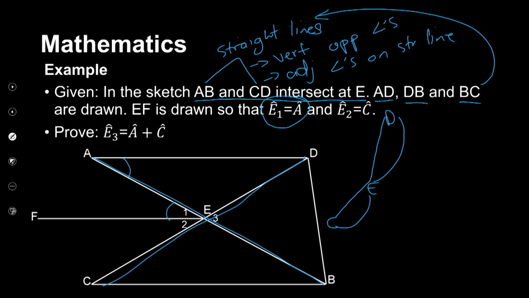There, I'm told that it is equals to that angle there. And then also E2 is equals to C. So this angle here will be equals to that angle there. And then I am required to prove that E3, which is this angle, is equals to A plus C, right? Which is this one here plus that one there.